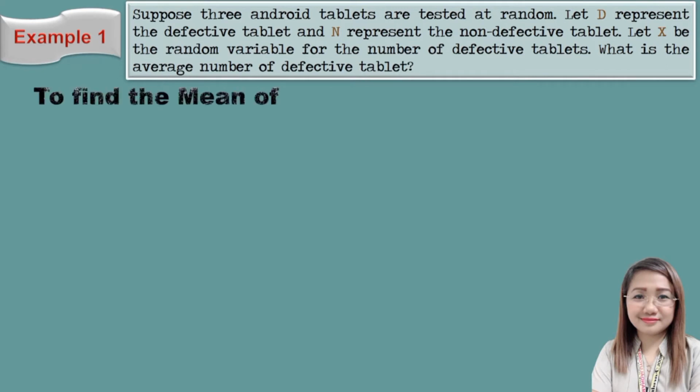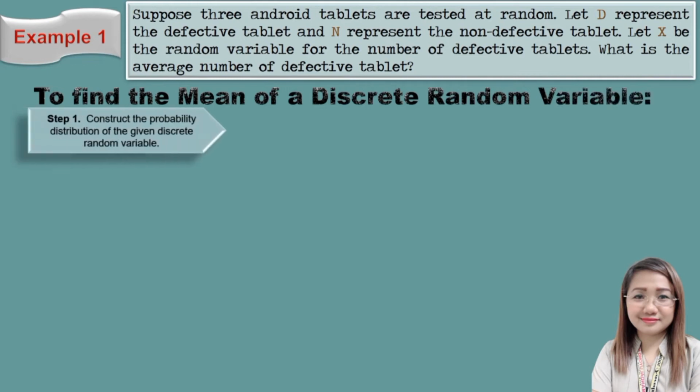To find the mean of the discrete random variable, we have to construct the probability distribution of the given discrete random variable. For us to construct a probability distribution, we should determine the possible values of the random variable and their probability values.